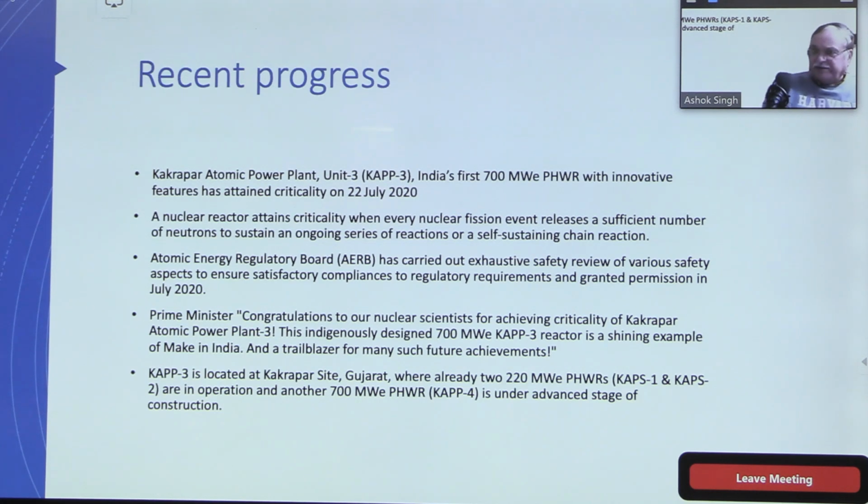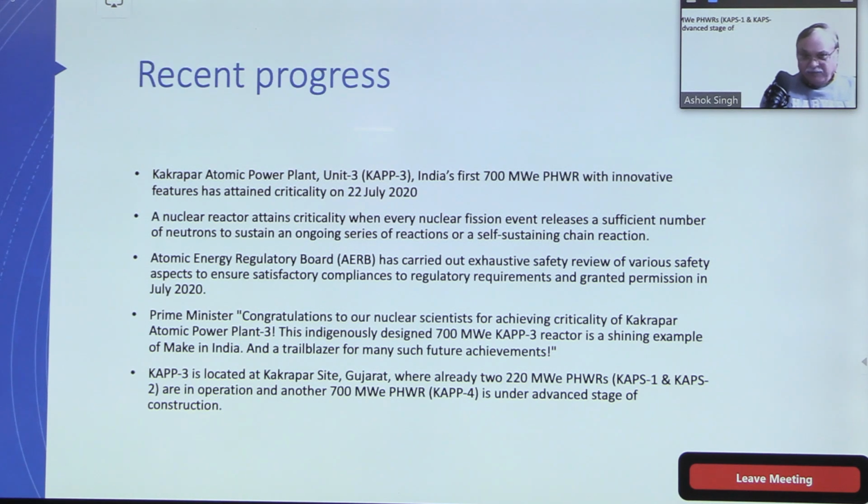After that, it was made critical. The permission, in fact, was given on the 17th of July last year. So we have a system for looking at the safety aspect of these nuclear power plants also, the Atomic Energy Regulatory Board.